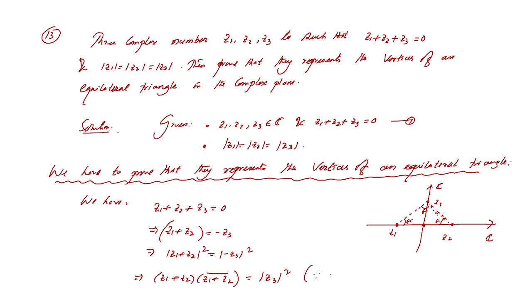As we already know, modulus of alpha whole square equals alpha times alpha bar for all alpha belonging to C, and mod Z square is Z times Z bar for all Z belonging to C. So from here we can write Z1 plus Z2 multiplied by Z1 bar plus Z2 bar equals mod Z3 whole square.